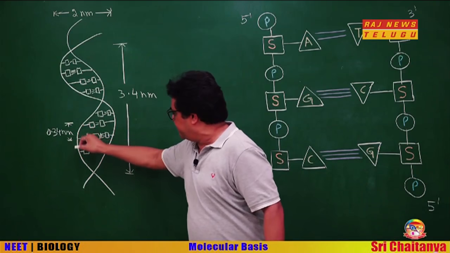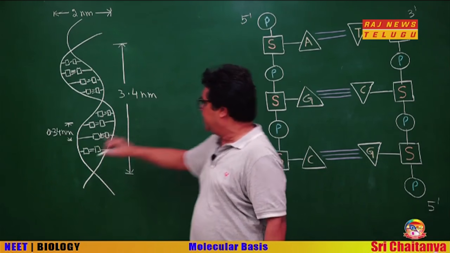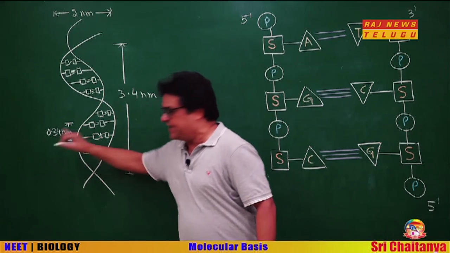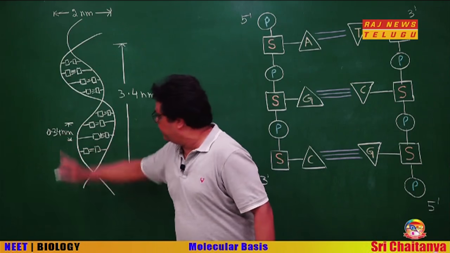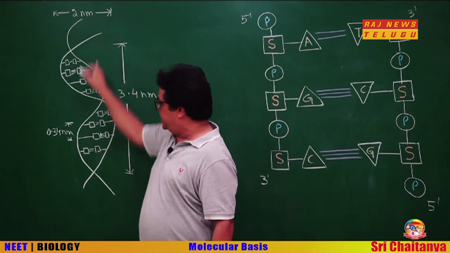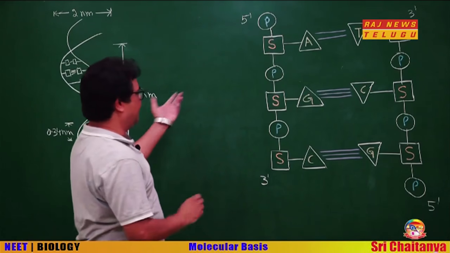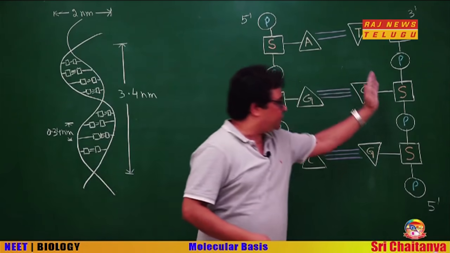The distance between two adjacent base pairs is 0.34 nanometer, and the diameter is 2 nanometer. Okay. This we can see here. Other features we can see here. So, I have just tried to show other features.